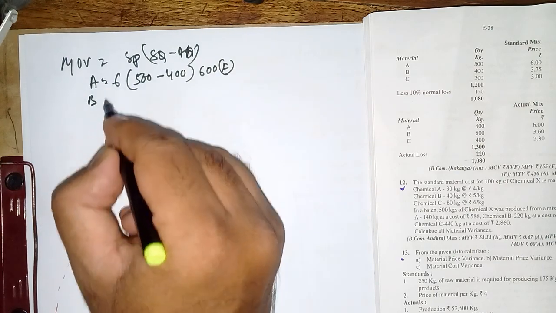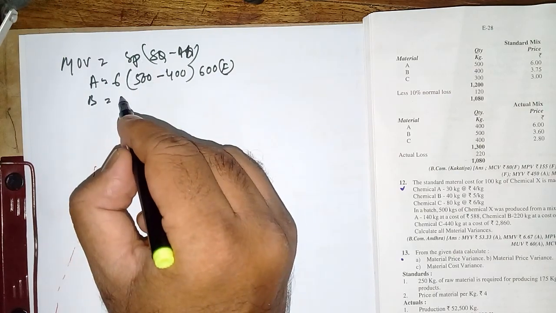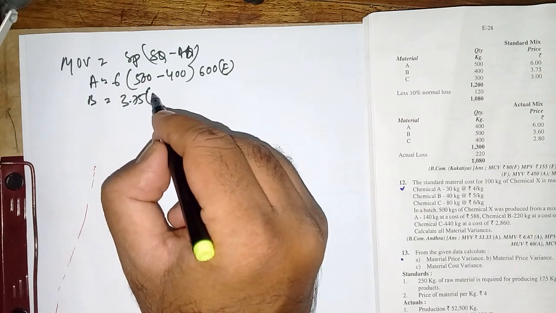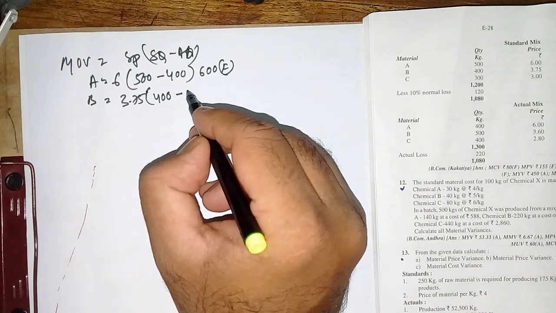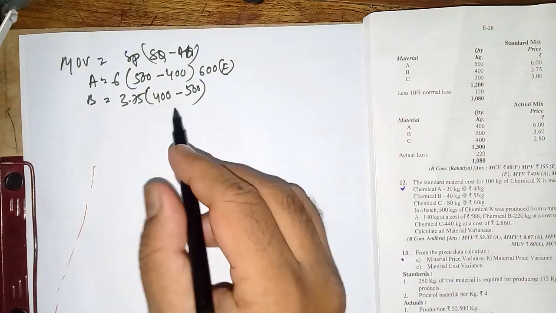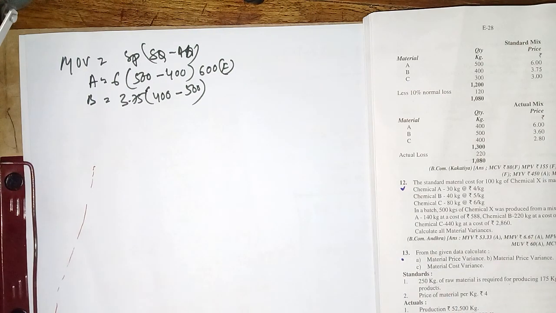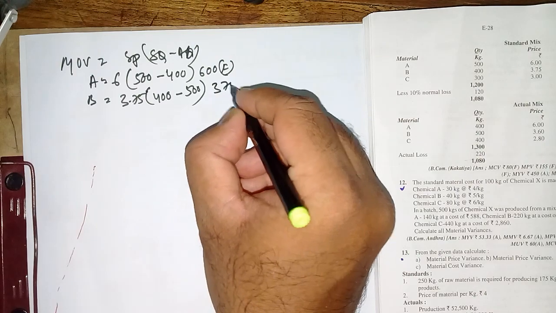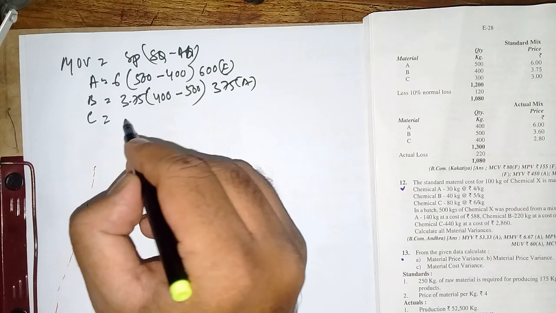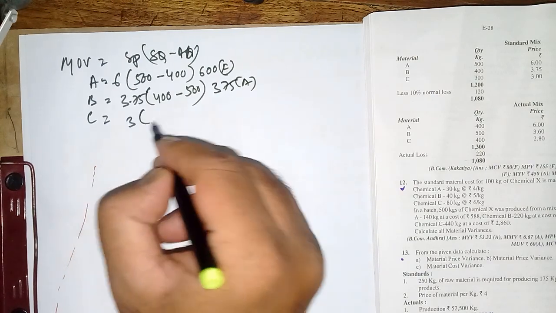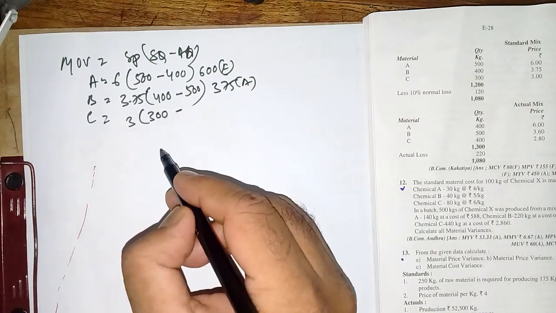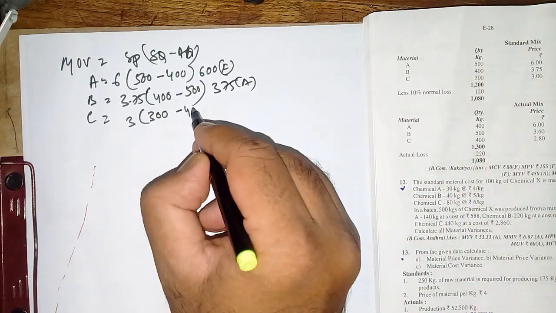Then B, very simple, that is standard price is 3.75, then standard quantity SQ is 400 minus actual quantity is 500. So 3.75 into 100 negative, that is 375 A we will get. Then C, standard price is 3, standard quantity is 300 minus actual quantity is 400.